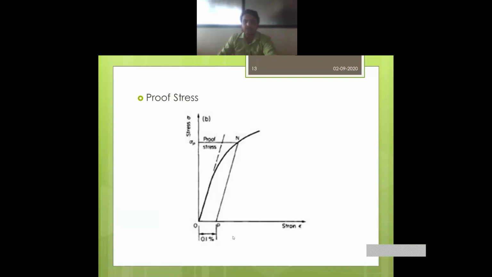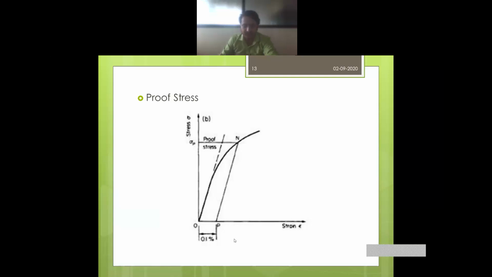See, proof stress is that stress when the strain is 0.1%. I'll repeat.